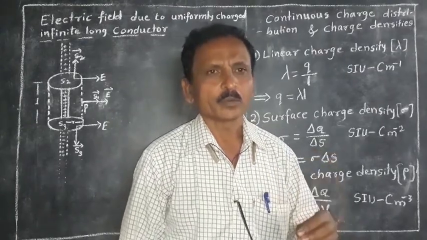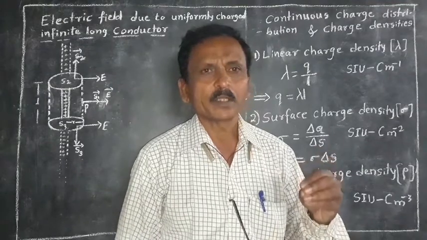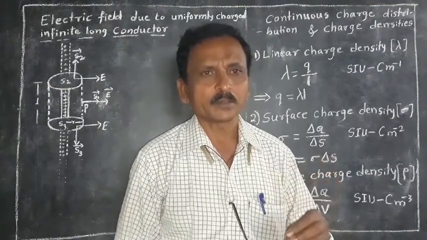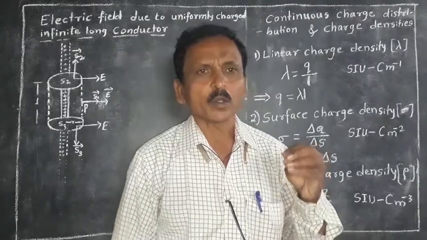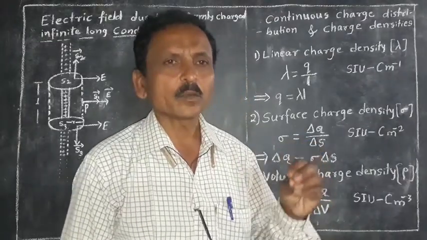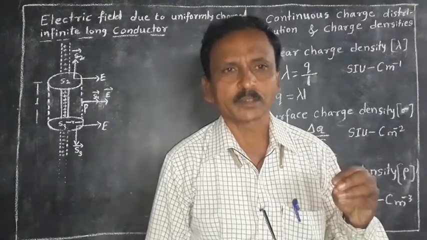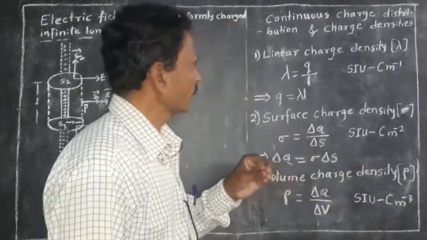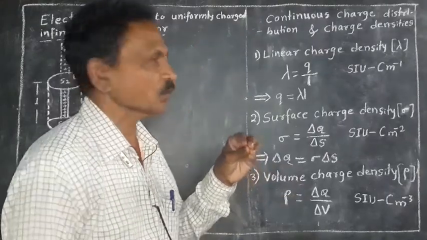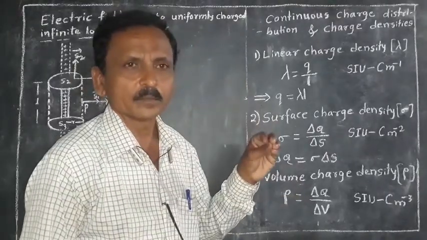And according to the additivity property of charges, the net charge on a body is equal to the sum of individual charges, that is Q equal to Q1 plus Q2 plus Q3 and so on up to Qn.